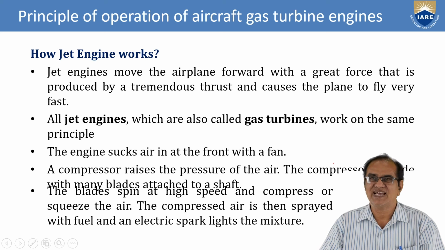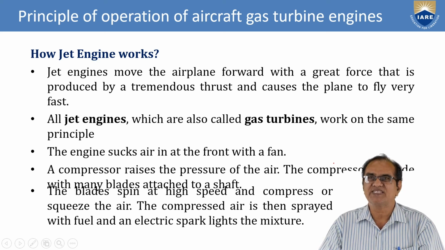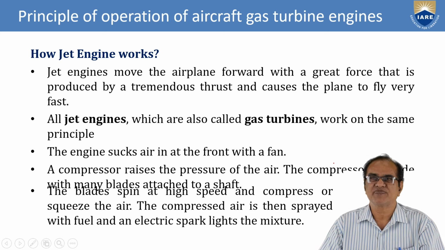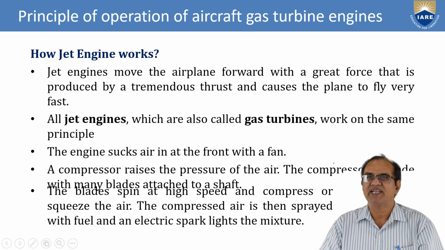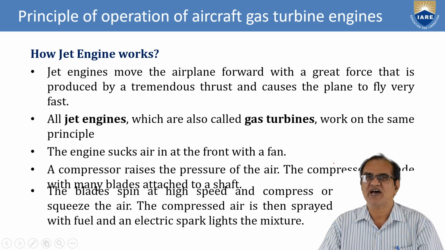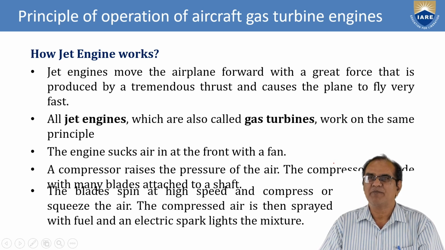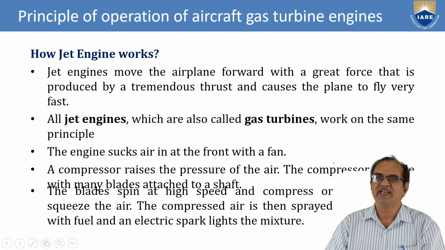The engine sucks air in at the front with a fan. A compressor raises the pressure of the air. The compressor is made with many blades attached to the shaft. The blades spin at a high speed and compress or squeeze the air. The compressed air is then sprayed with fuel and an electric spark lights the mixture.